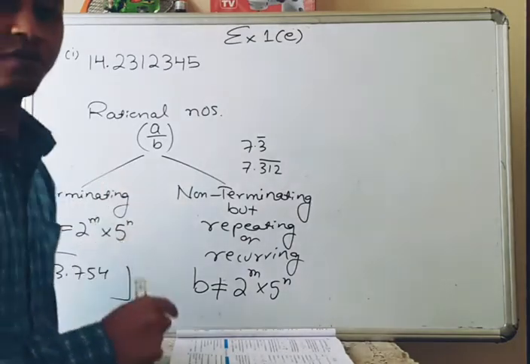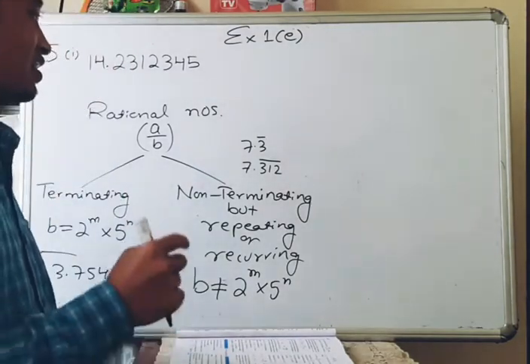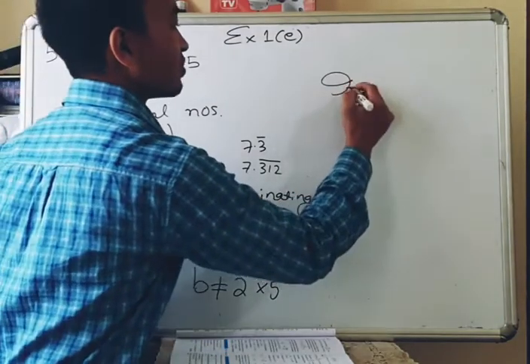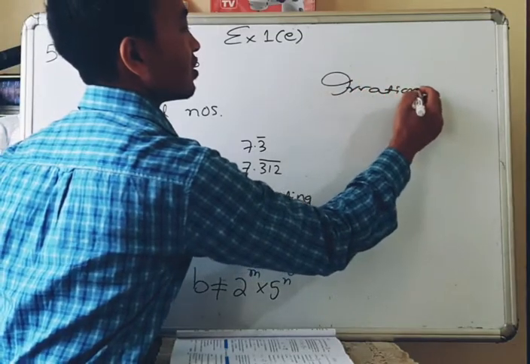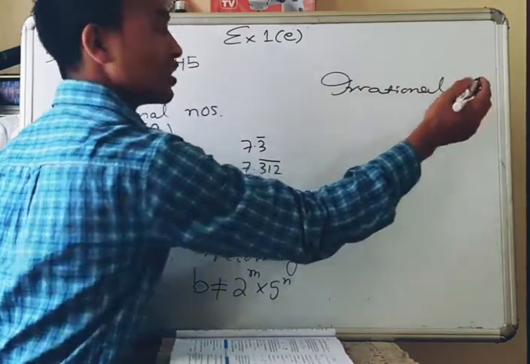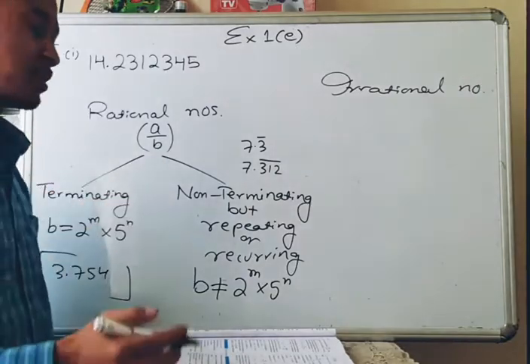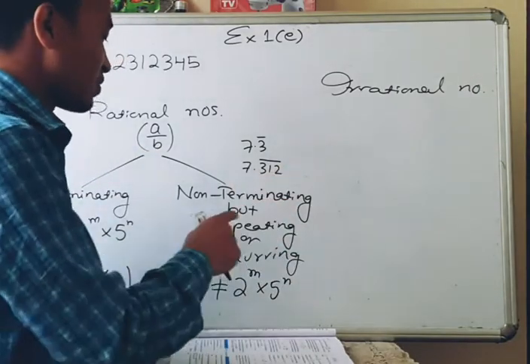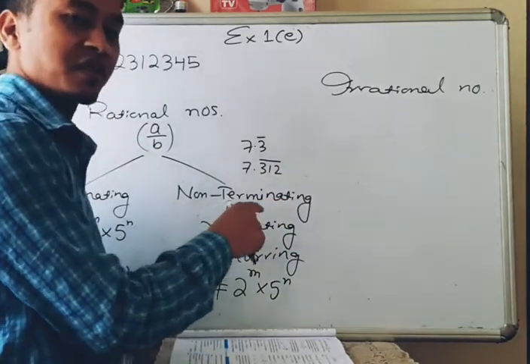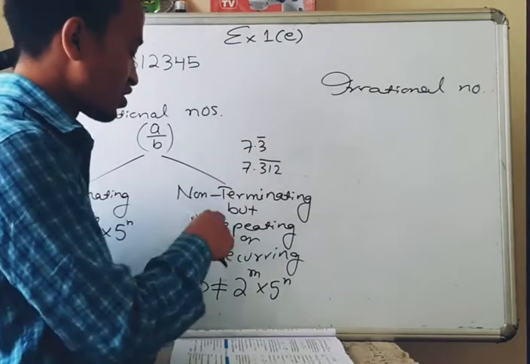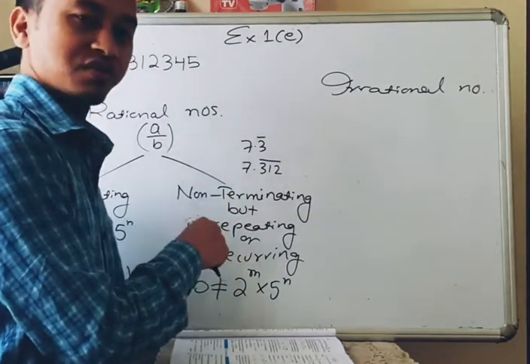But we have another type of number, called an irrational number. What is an irrational number? An irrational number is a number which is non-terminating, and also it is non-repeating or non-recurring.